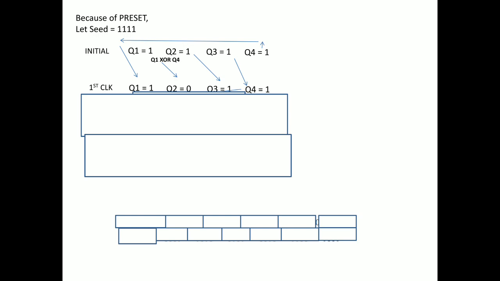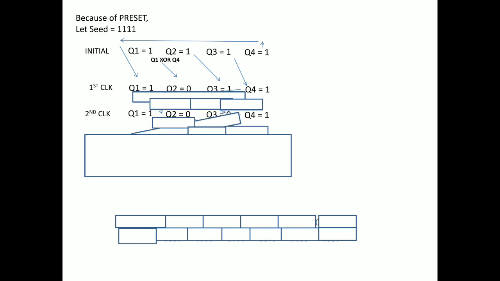Now the second clock cycle. q1 is equal to q4 value; q4 is 1, so q1 is also 1. For the second flip flop, q1 XOR q4: 1 XOR 1 is 0, so q2 will also be 0.